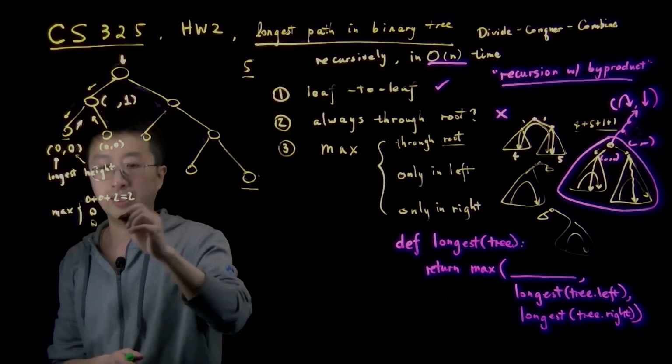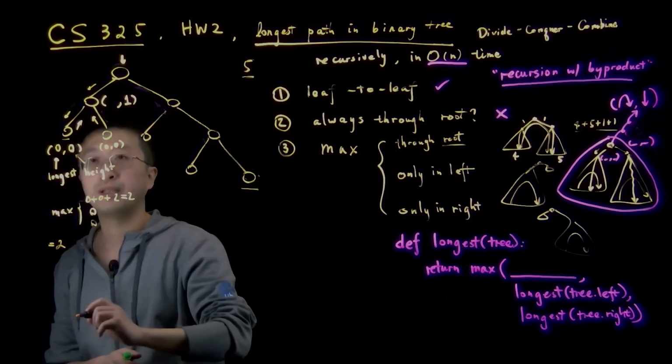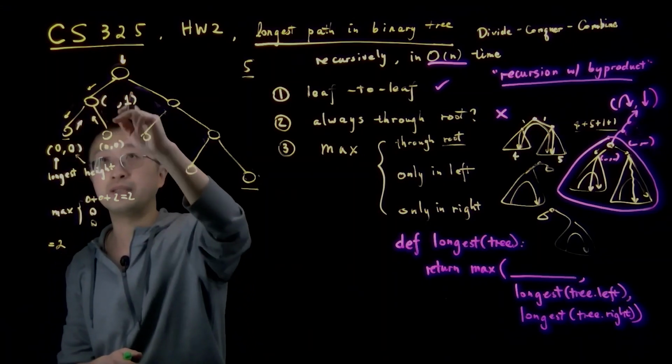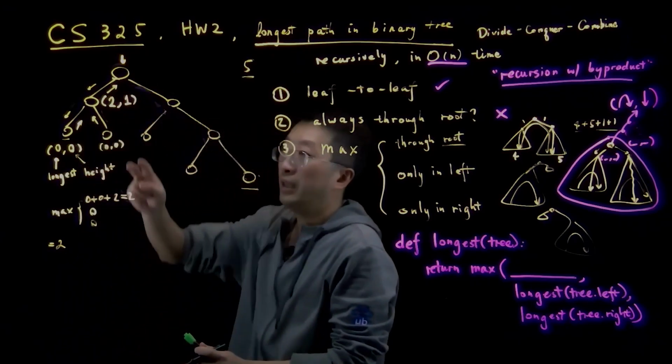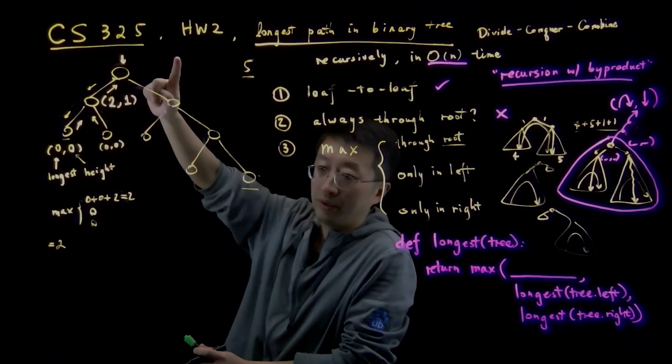So of course, that gives you the result of 2. And it makes sense, because the longest path is indeed 2 within this tree. So this pair of numbers, 2, 1, is reported to the root.